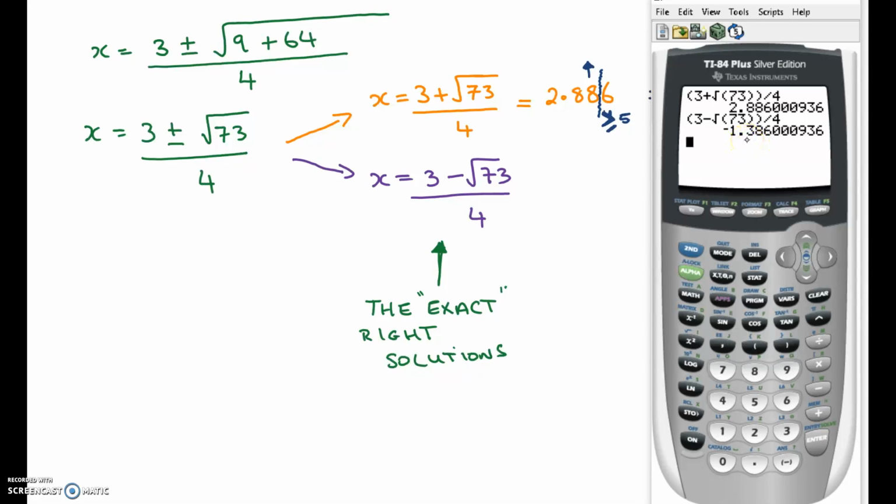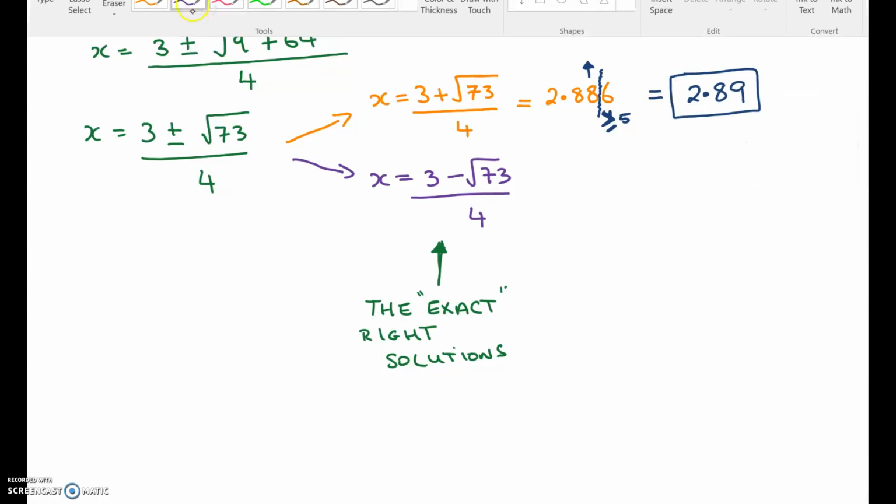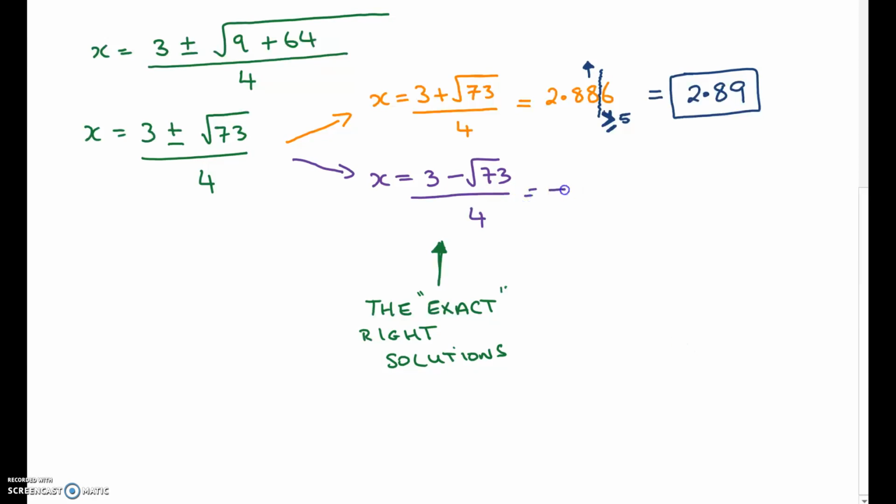So negative 1.386. Let's cut it off after the second one. Since this number here is again greater than or equal to 5, it pushes this one up. So it becomes negative 1.39.